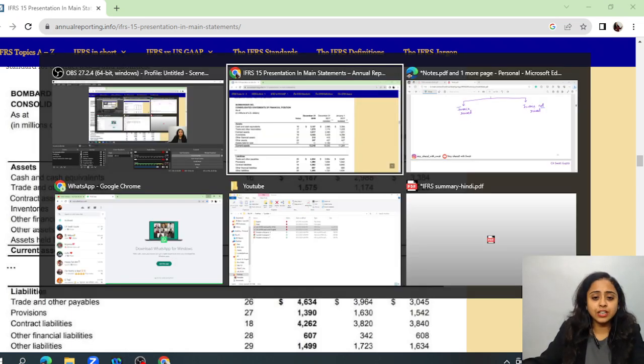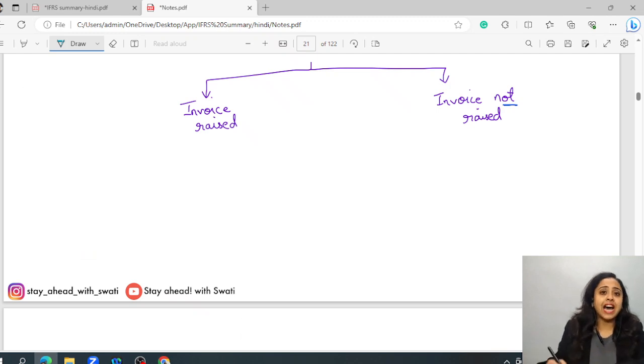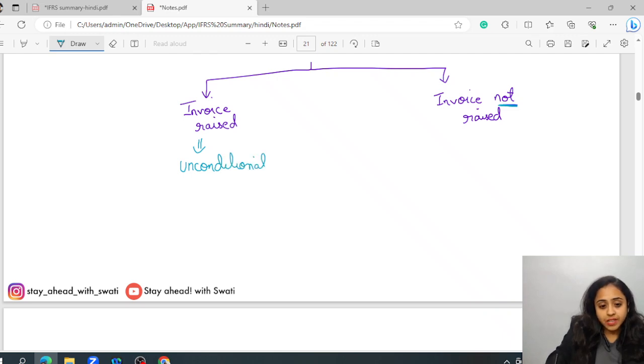Firstly, you really need to understand the topic. As per IFRS 15, you have to check whether the invoice is raised, the bills are raised or not. If the invoice is raised, this means there is an unconditional right, and therefore you can record it as trade receivables.